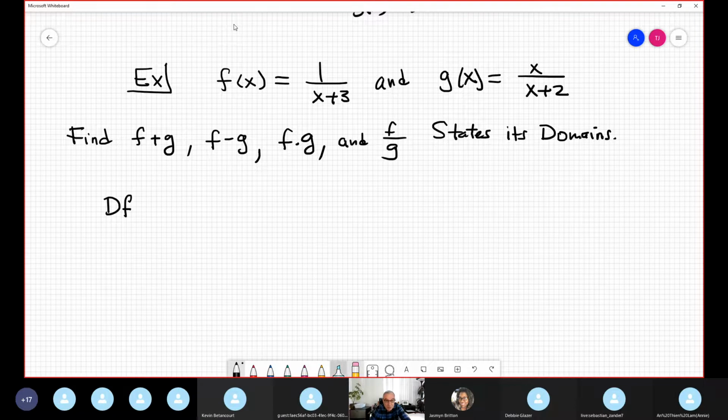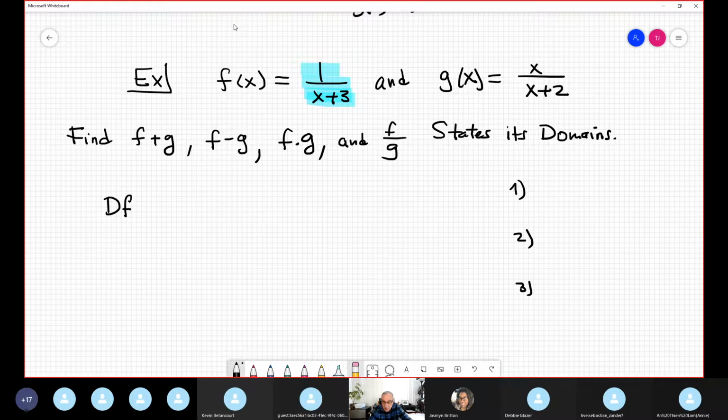Okay, f is that function. Remember the restrictions. The supposition is that the domain is always all real numbers except the restrictions. And the restrictions, I repeat one more time, this is important. We have three kinds of restriction.